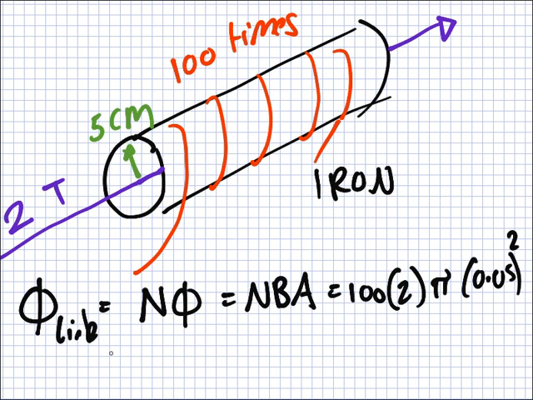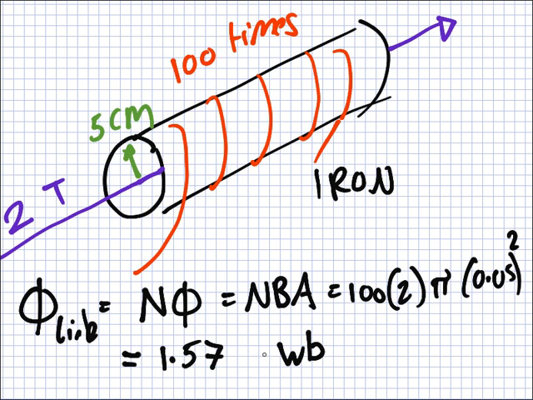So what's that as a decimal? 1.57 Webers. Some people write N Webers. I don't really like that. Why N? Because there's N of them. I'm not sure technically if you have to. I just write Webers.